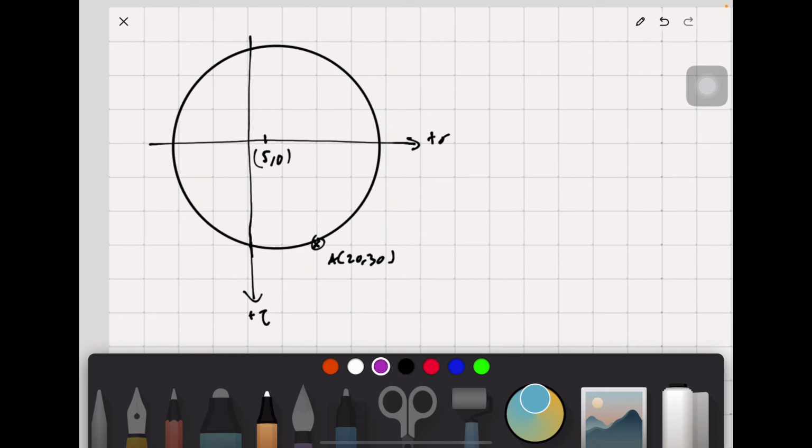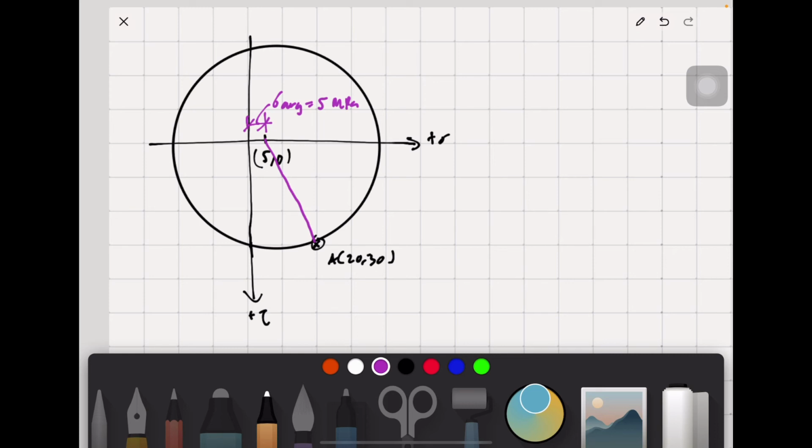So now we have our point at A. This is where our semi-average is located, which is 5 megapascal, and which is the center point of our circle.